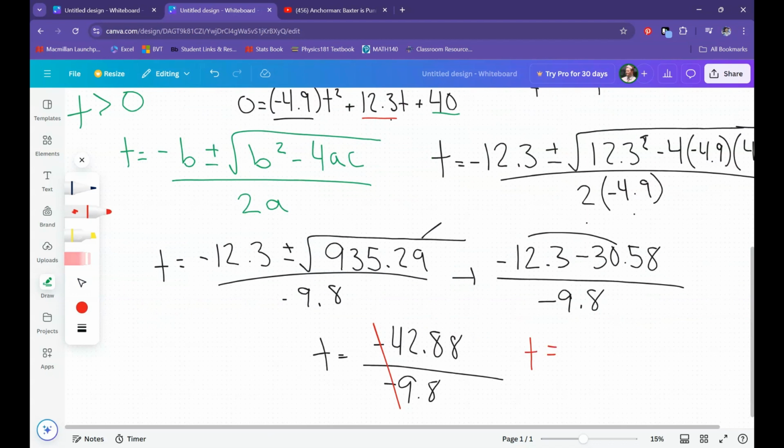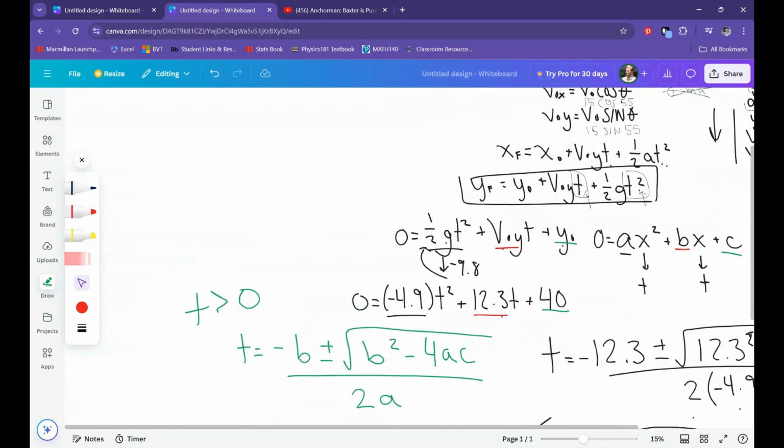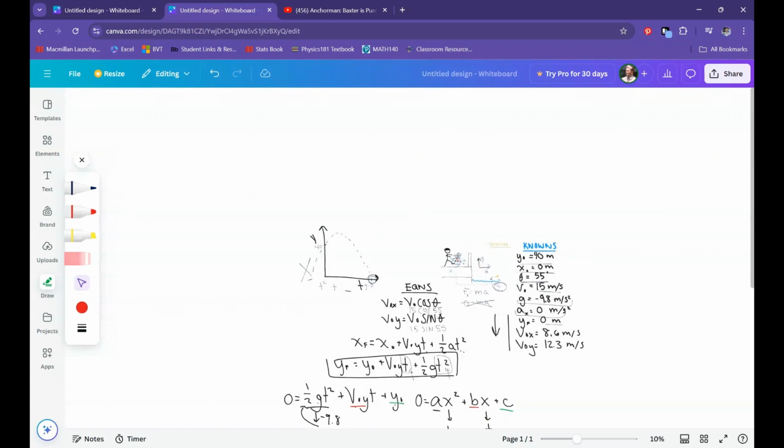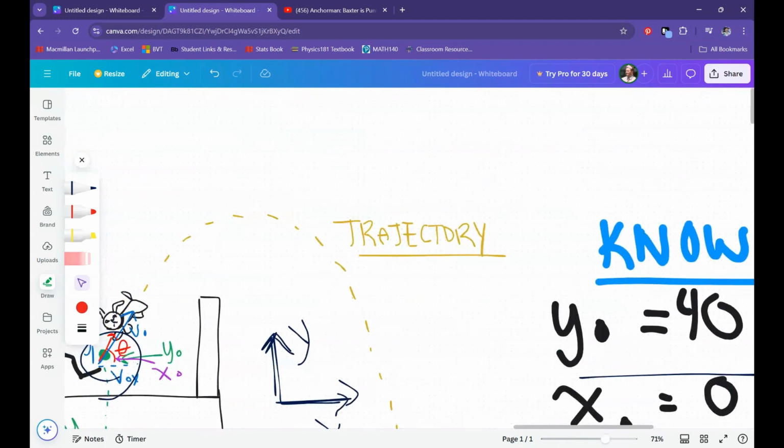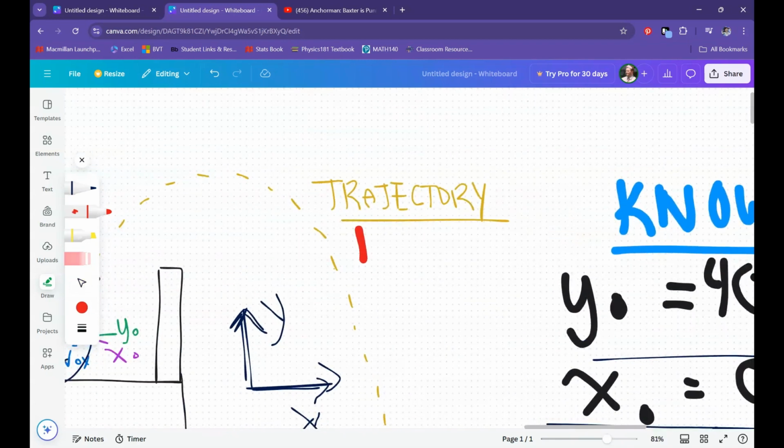We're left with t equals 4.376 seconds. Cool. Awesome. So that tells us now exactly how long this poor dog was flying through the air, right? So we can now write that his trajectory time is equal to 4.376 seconds.